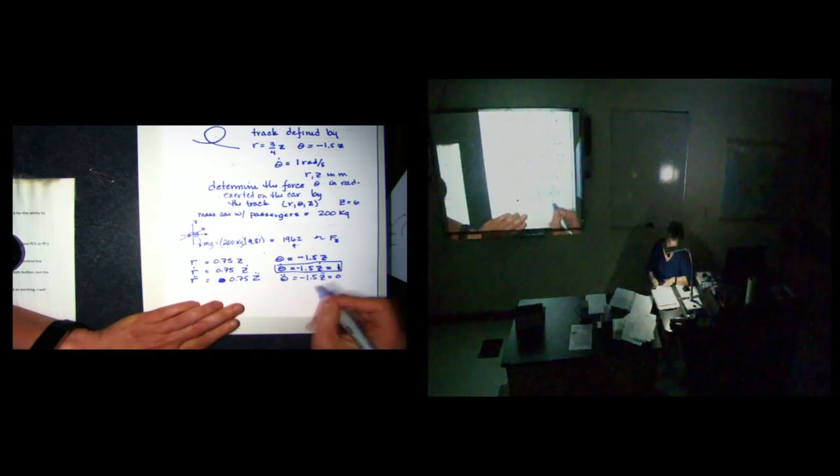Minus 1.5 z dot is equal to 1. Z dot becomes 1 divided by negative 1.5, it's negative 0.667. So at z equal to 6, r is equal to 4.5, r dot is equal to 0.75 times negative 0.667, which ends up being negative 0.5.